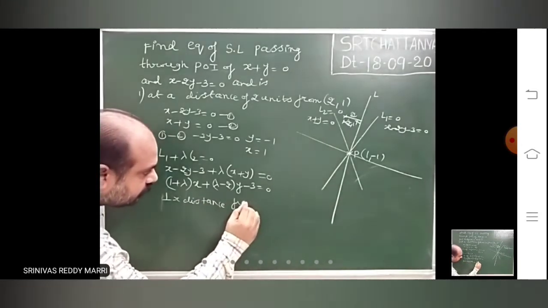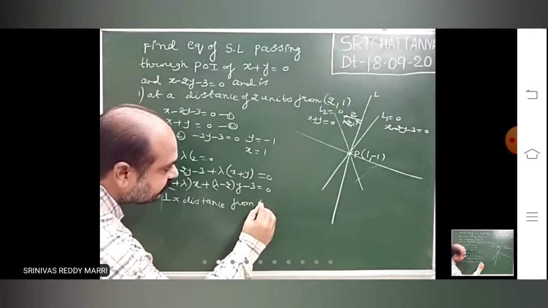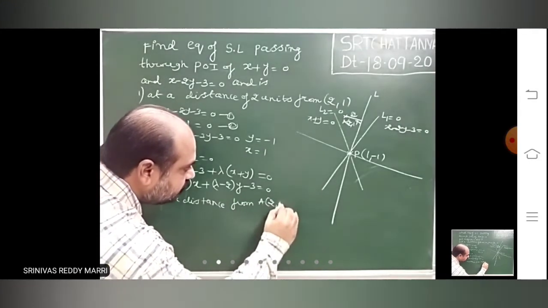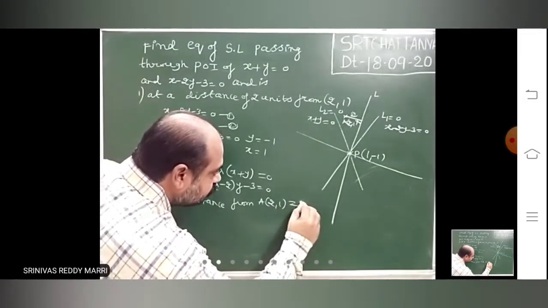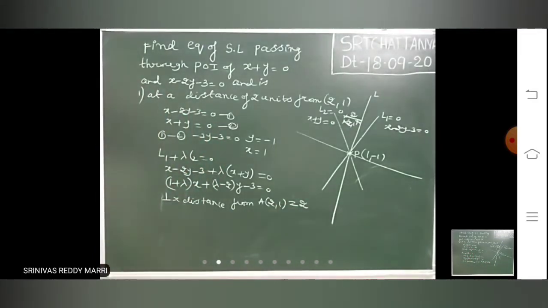At a distance means perpendicular distance to this line equal to 2. Use this condition to find lambda.